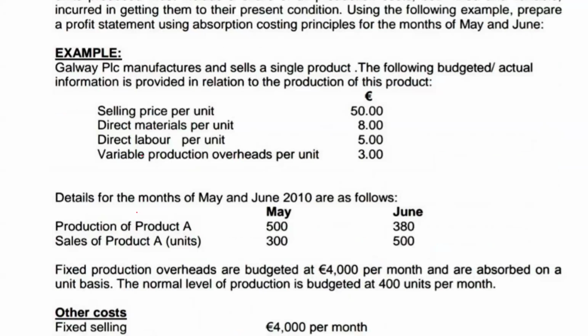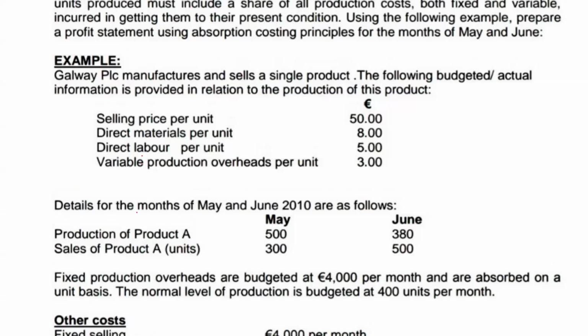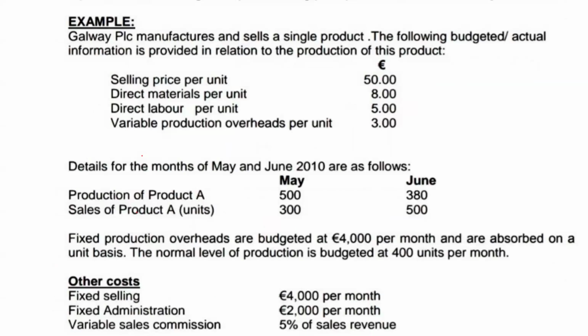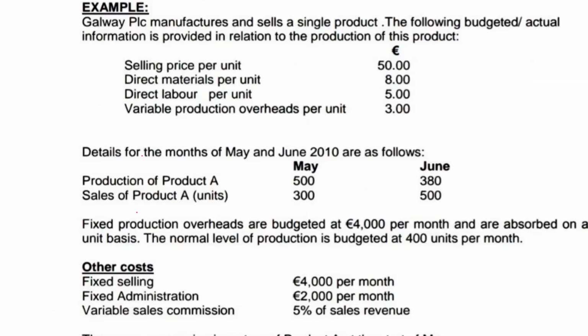The public limited company manufactures and sells a single product. The following budget and actual information is provided in relation to the production of this product. You can see the screen, right? You have the details for the months of May and June.